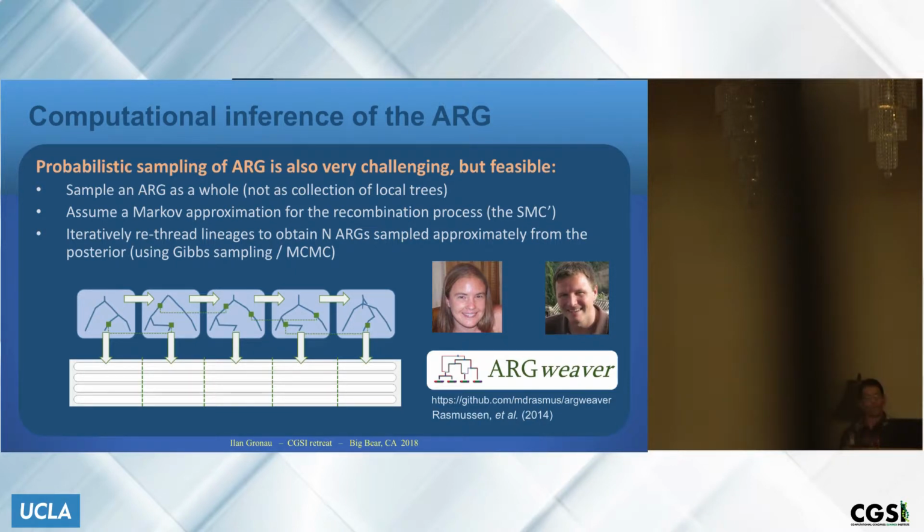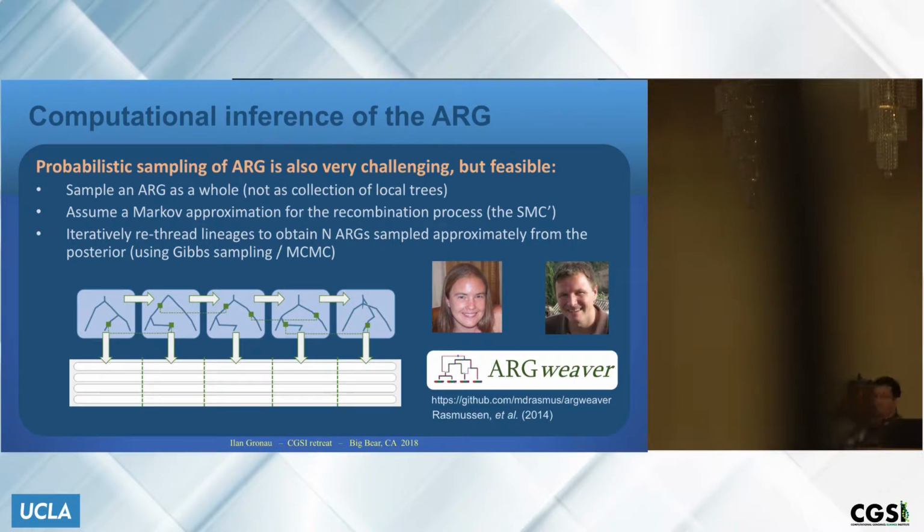And what you do is you resample this, you rethread this lineage on your existing ARG with n-1 samples and given the data. So there's a very nice process. You can create an HMM, a hidden Markov model, that allows you to do this threading, so you resample this lineage according to an approximate posterior distribution. So now you're sampling it based on the data.